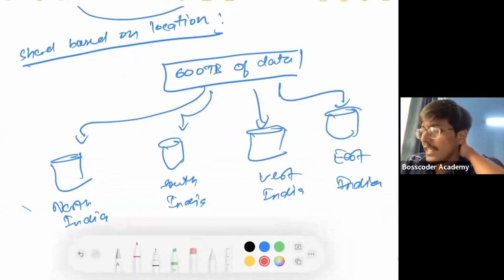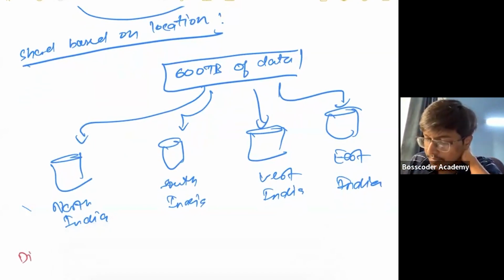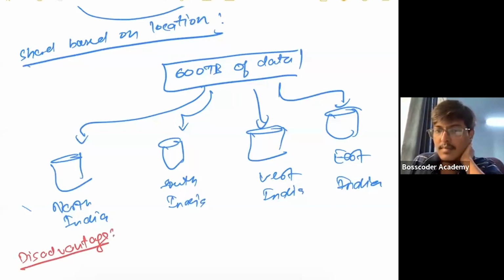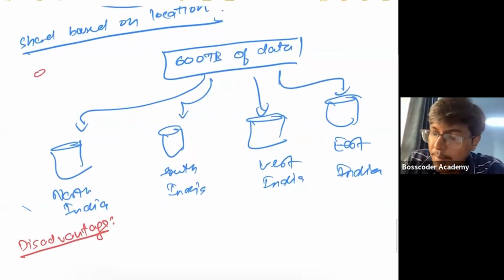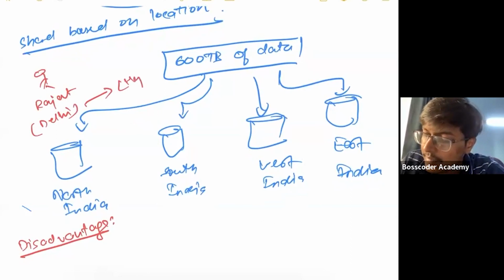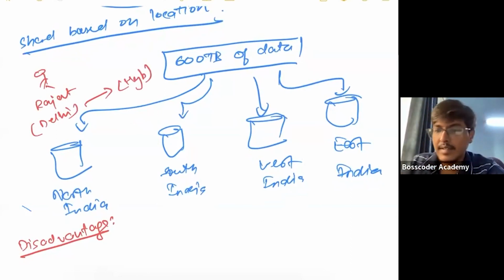Okay. Do you see any disadvantage in this approach? Yes, Sen is right. Location might change. For example, Rajat might be in Delhi right now, but then can move to Hyderabad. In that case, you have to transfer all the data from North to the South region.